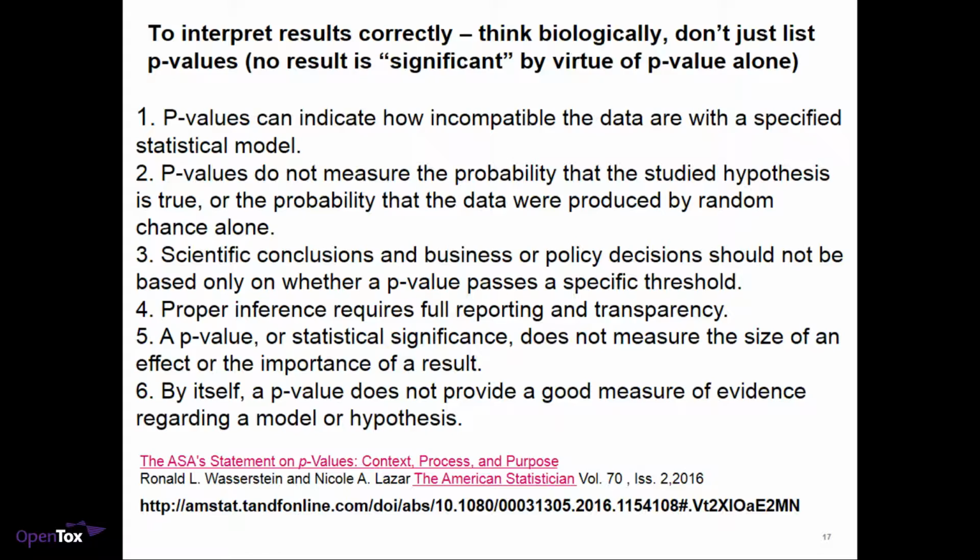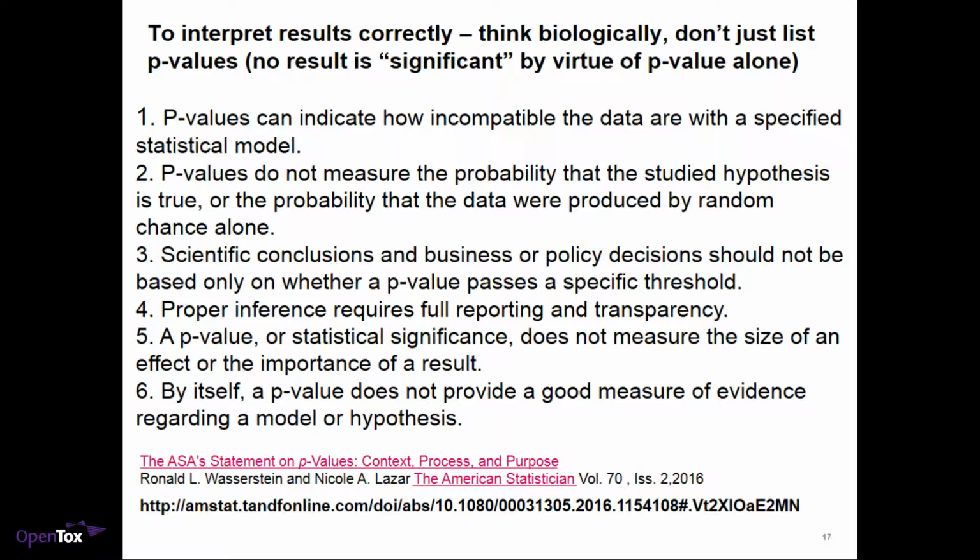And in general, this is a text from the American Statistical Association about how to interpret p-value based results. I think the summary would be that essentially you have to think biologically about what you're doing, and this is really the only solution.